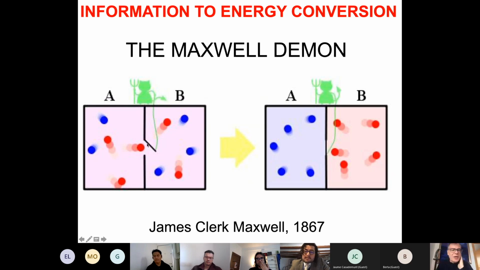So in the process of separation, when the demon saw a fast-moving molecule, he had to say, okay, this is fast-moving, it's 1, or this is slow-moving, it's 0, and therefore he had to annotate this information somewhere, in a computer, in a notebook, in the brain, wherever. To come back to the initial state, this information that has been collected has to be erased again.